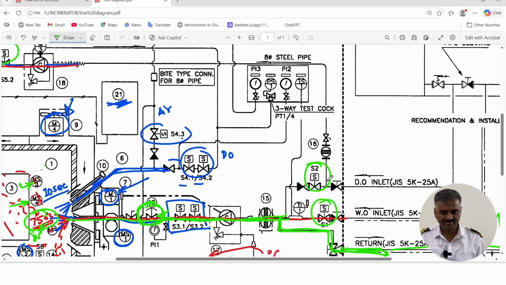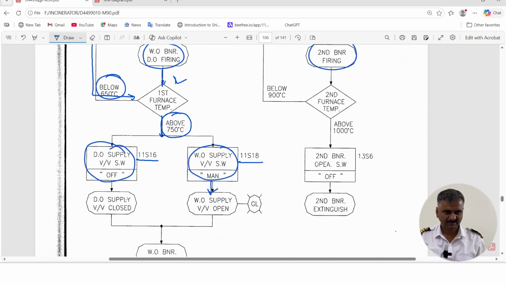So at 750 degrees centigrade, because DO was already burning and the temperature has reached in the furnace, pre-warming has taken place and it is now suitable for the waste oil to burn. Heavy oil or waste oil can be burnt at this position.